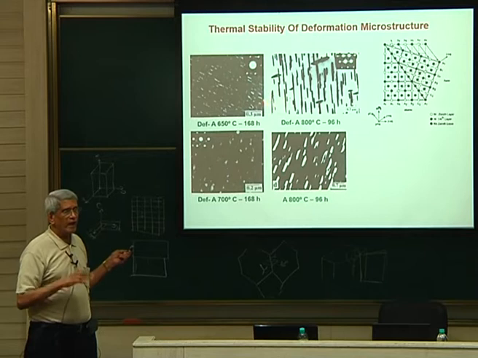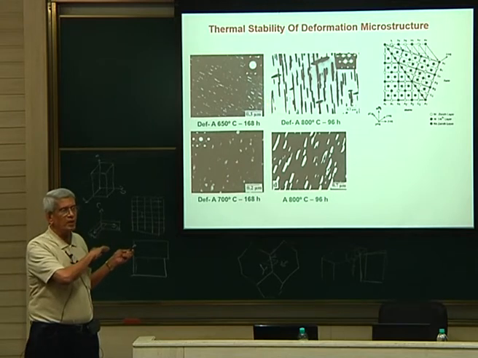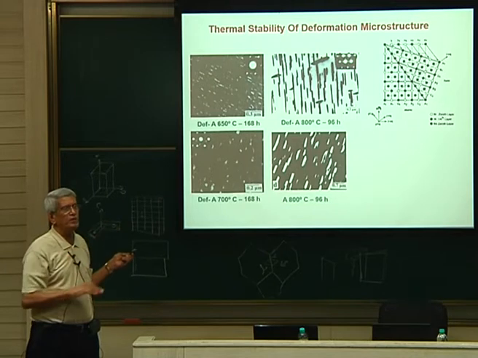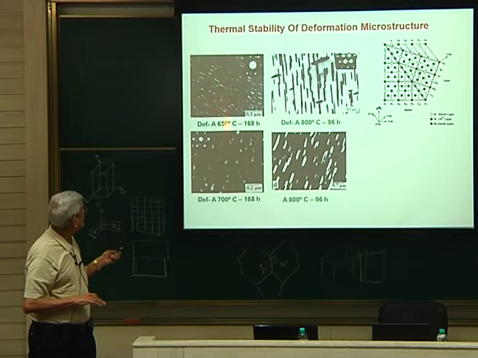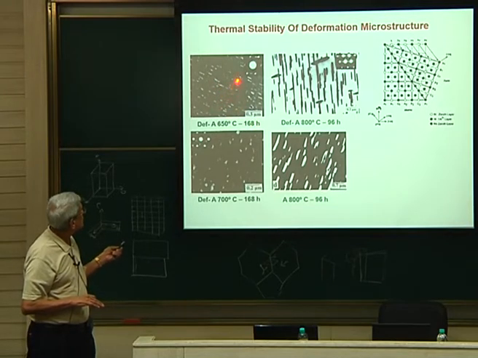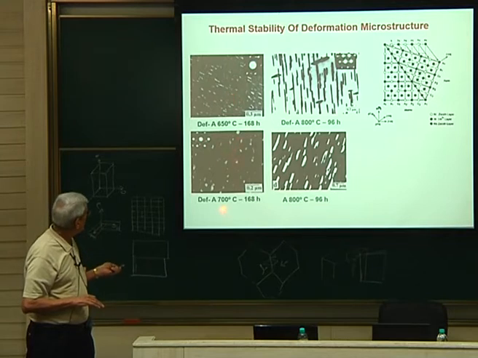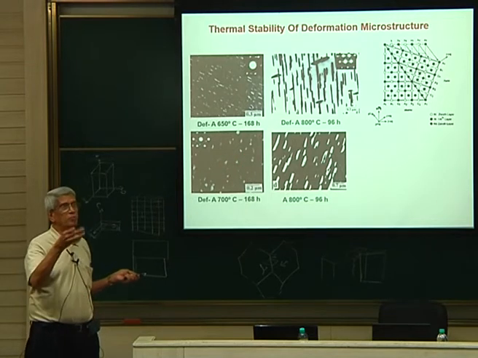Another sample which has undergone the same identical treatment but which has not seen the deformation, both were given the same heat treatment. Now when we look at it, I could see that at 650 for 168 hours, essentially the nuclei remain the same, and at 700, 800 if I age it, I could immediately see that they transform to the equilibrium phase.